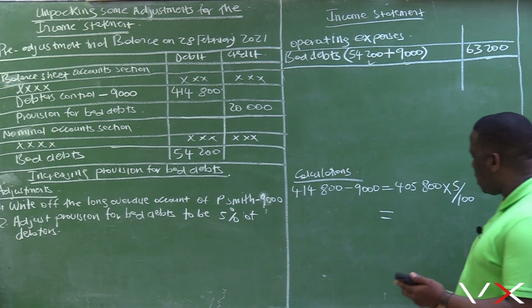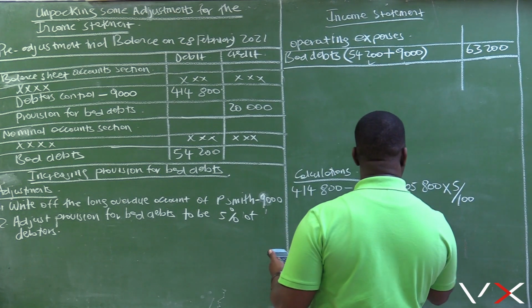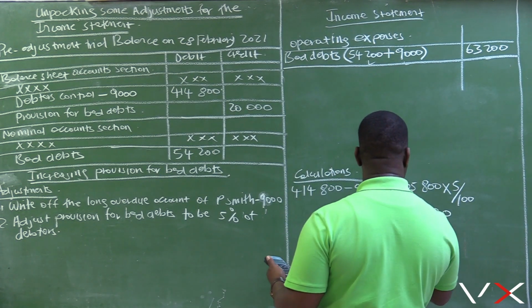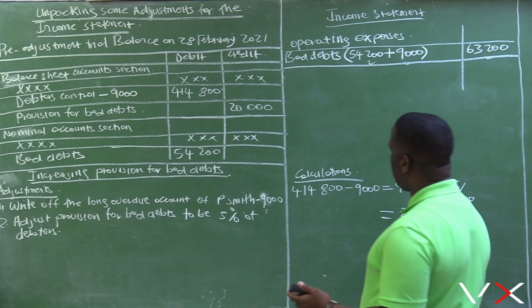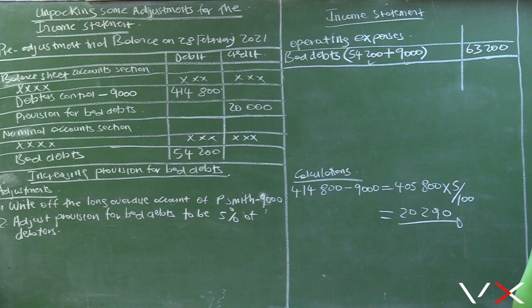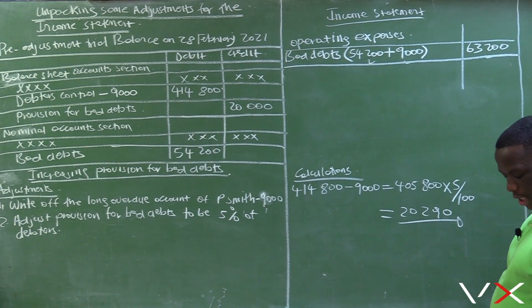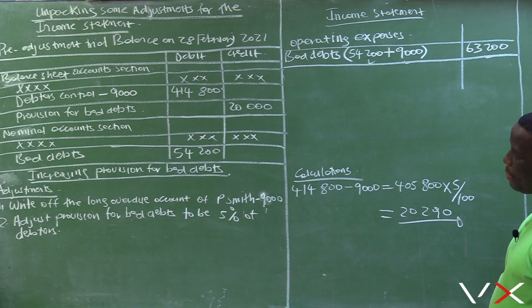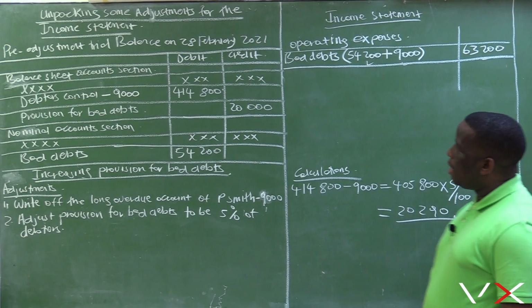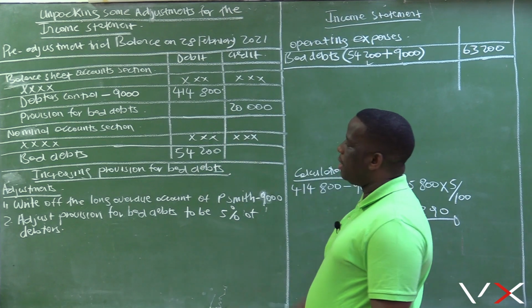So 5% of this is 20,290. So provision for bad debts should now be 20,290. The question is then, how much are we currently having in our provision for bad debts account? The amount that we are currently having is 20,000.